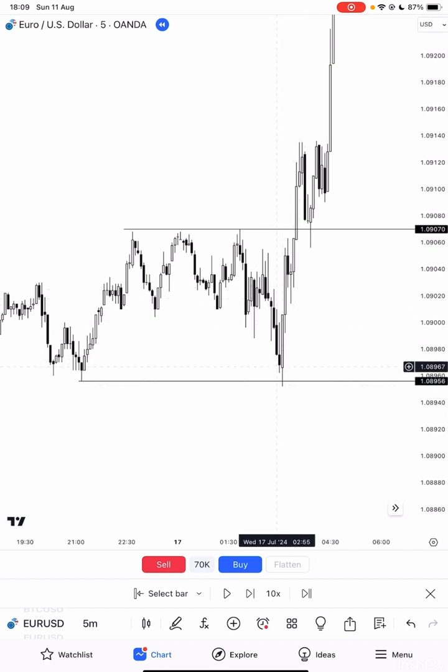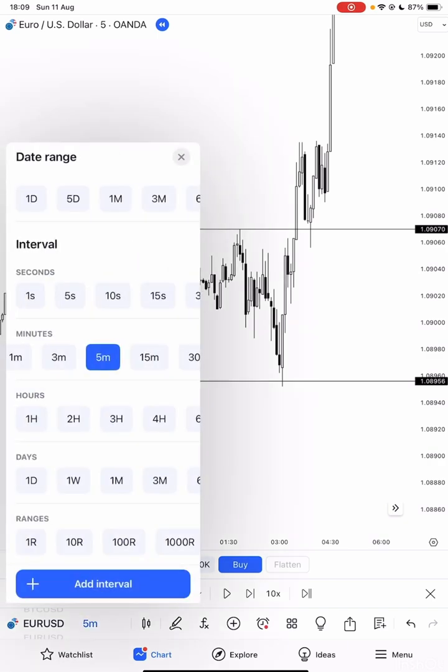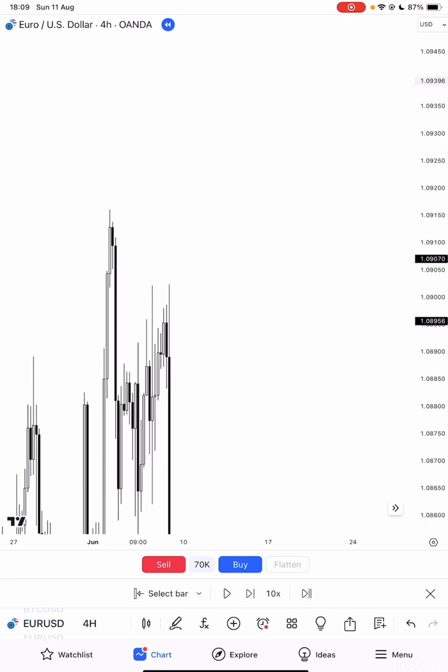Okay, now price drops faster to the other extremity of the range. How do you distinguish that this is a false breakout and not a true breakout?